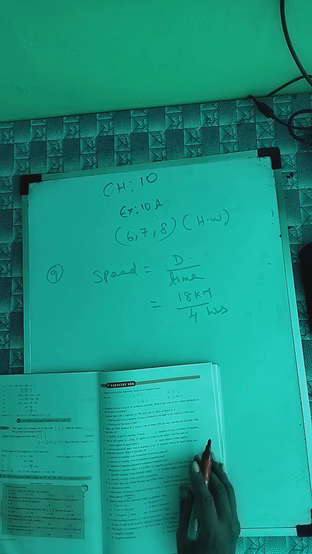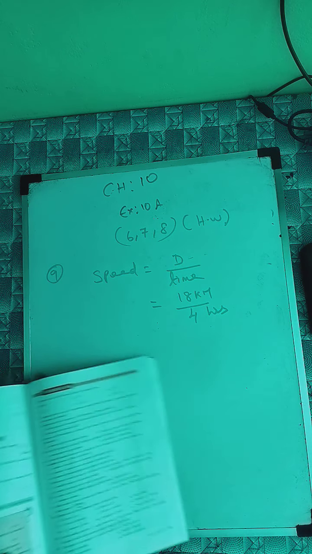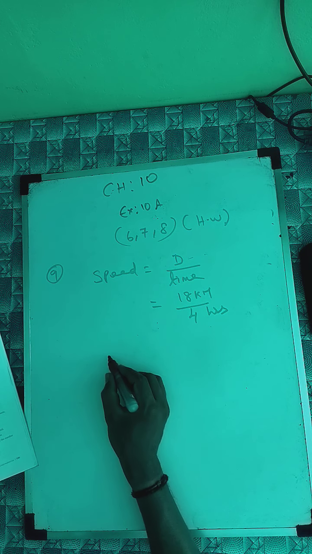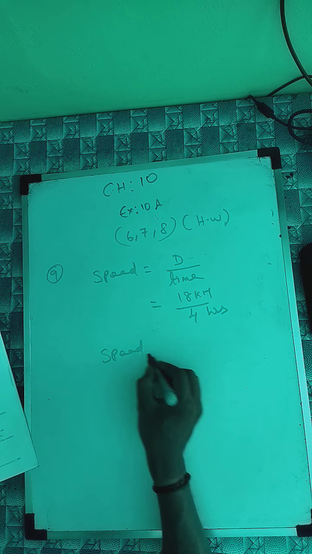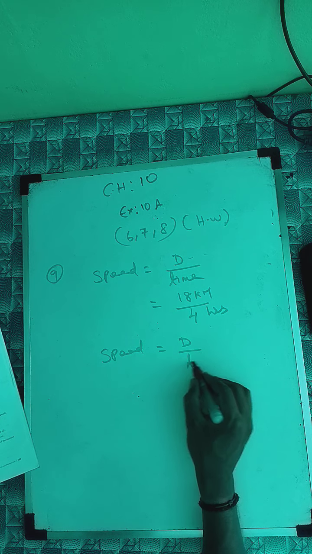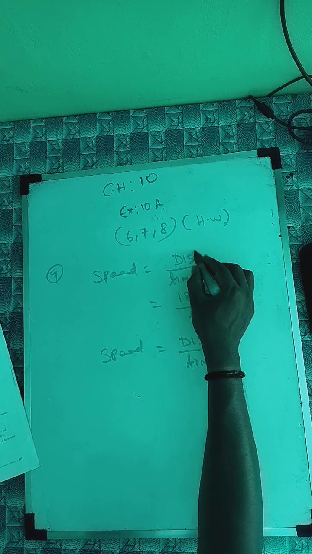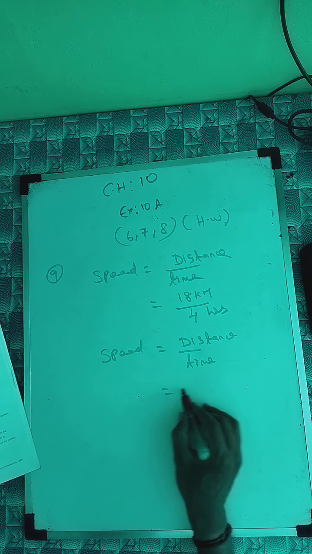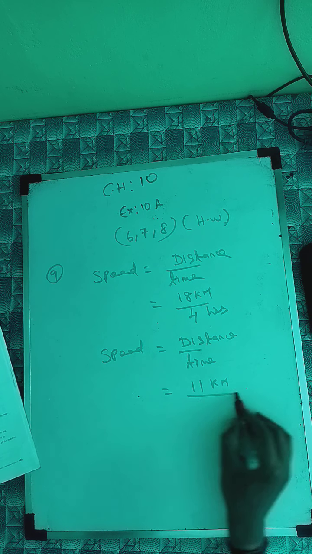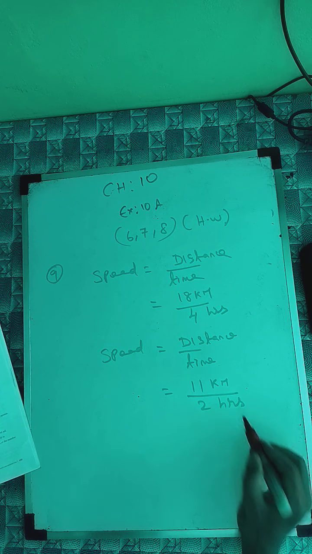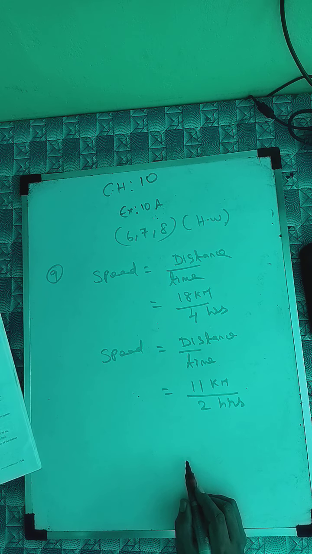And the second one, Vihan, walks 11 km in 2 hours. So again, speed for Vihan is distance by time, so the distance is 11 kilometers by 2 hours. Okay, and find the ratio of their speed.